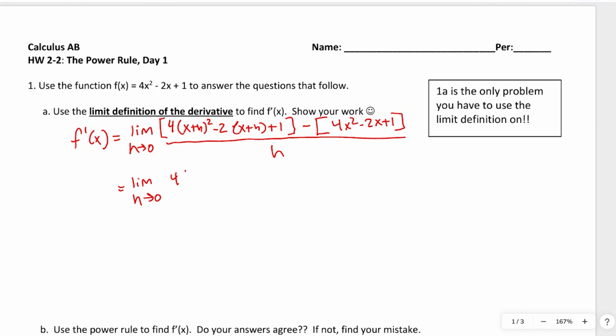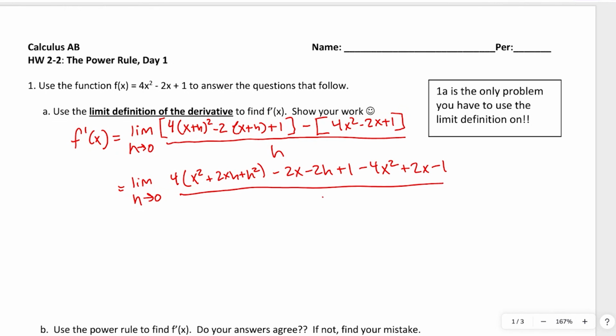So I've got 4 times x squared plus 2xh plus h squared minus 2x minus 2h plus 1, and then minus 4x squared plus 2x minus 1 all over h. And I think what I'll do is go ahead and multiply that 4 in, not necessarily as a whole another step, but I'll just erase and distribute it right here.